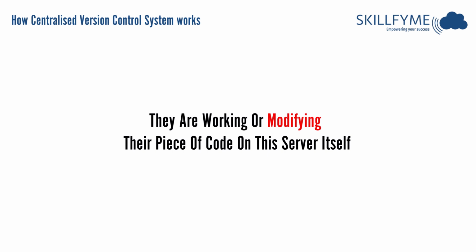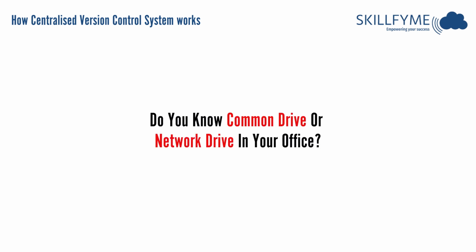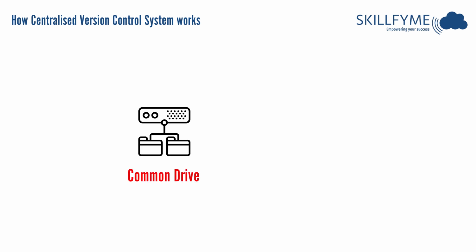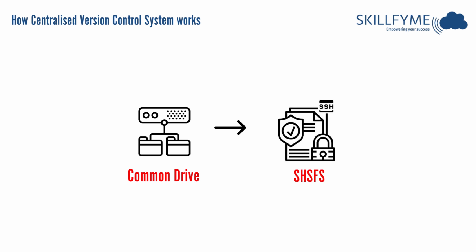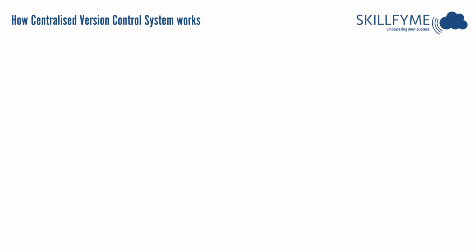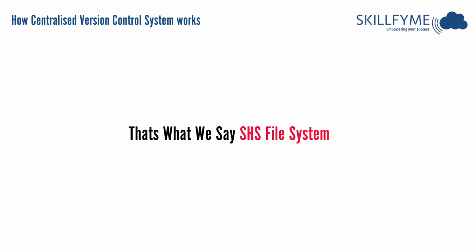Let's say, for example, a common drive or network drive in your office. You can think of a similar kind of common or network drive which you can access through SSH. Instead of accessing through a UI, if you access such a common space through SSH, that's what we call SSH file system, SSHFS.